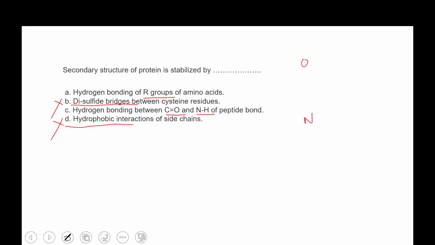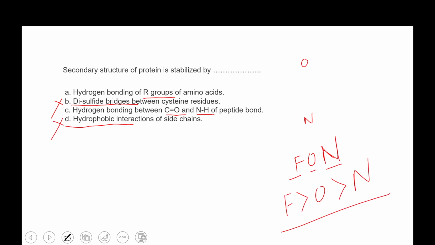The electronegative atoms are fluorine, oxygen, nitrogen. This is the order of electronegativity. Fluorine is highly electronegative, then oxygen, and then nitrogen.